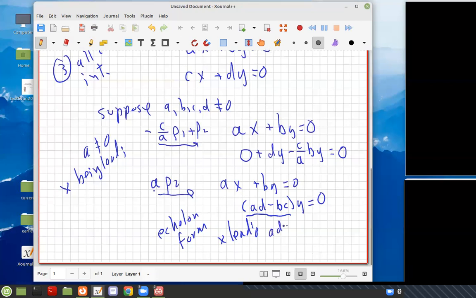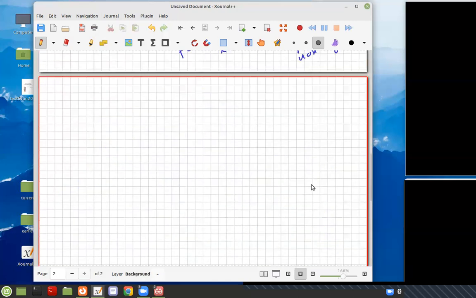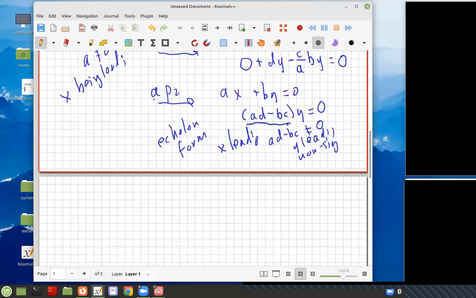If AD minus BC is not equal to 0, then y is leading, and this is non-singular. Do you see that? If AD minus BC is not zero, then y is going to be leading. It'll have the value zero, so the solution is 0, 0, and there'll be one solution.